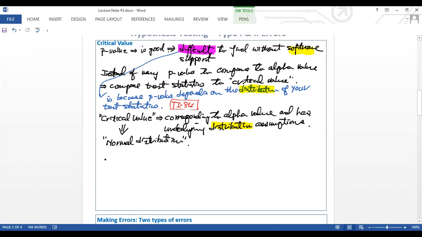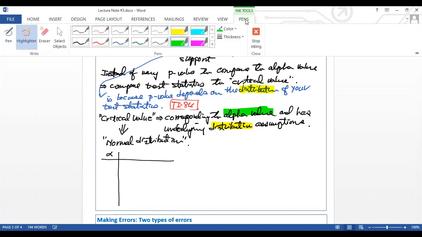So I'm going to give you a table here. Remember these are alpha values, and we know the critical value corresponding to the alpha values with the underlying distribution assumption.